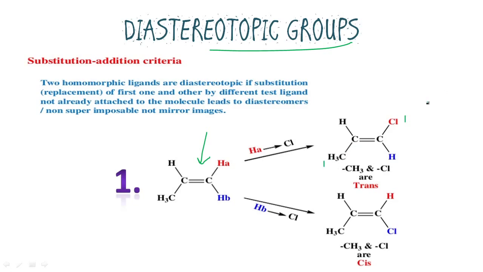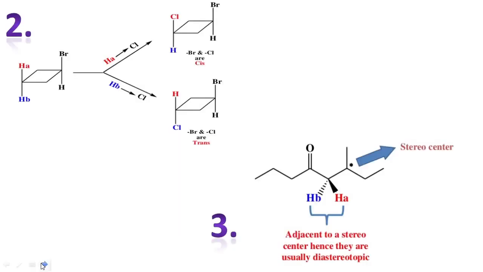So these are trans to each other. So what is the configuration? E, right? So similarly, when HB is replaced by chlorine, we have a cis configuration, both on the same side, right? Now let us go to the next slide.